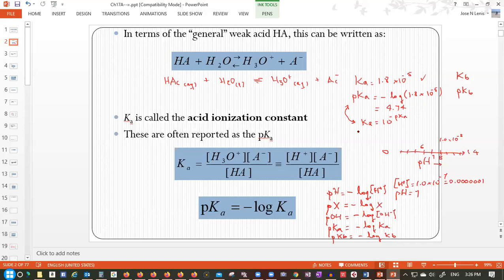Another thing you have to be careful about is when comparing Ka's for the weak acids. Remember, if the negative exponent of the Ka of the weak acid goes up, that means the higher this number, this exponent, which is negative, the weaker the acid is.